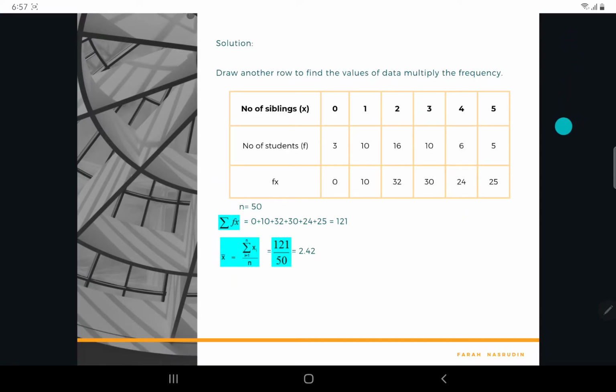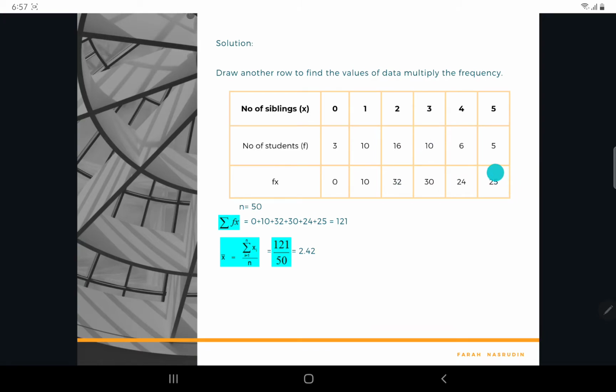Okay, so for the solution, we need to draw another row to find the value of the data. The number of siblings is our X and the number of students is our F because it is the frequency. So we need to add another row, the third row, which is for Fx, meaning that we need to multiply the first row and second row, F with X. So 0 multiplied with 3 equals 0, 1 multiplied with 10 equals 10, 2 multiplied with 16 equals 32, and so on.